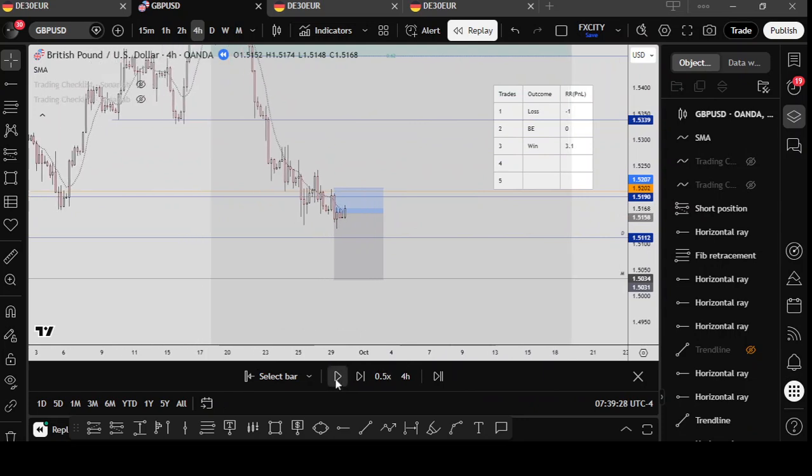Entering into a new month shortly. And we get stopped out and price starts moving in our direction.